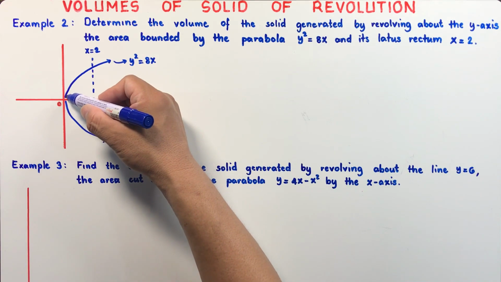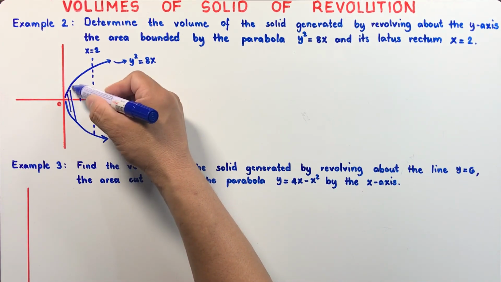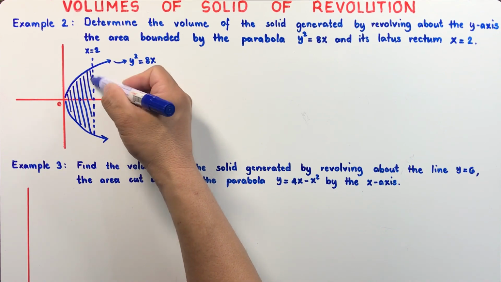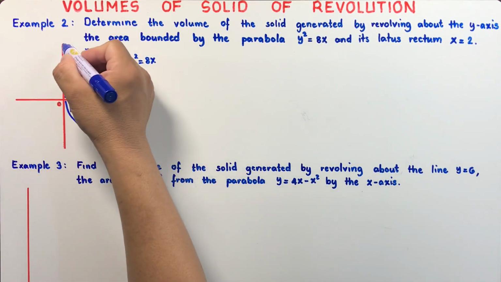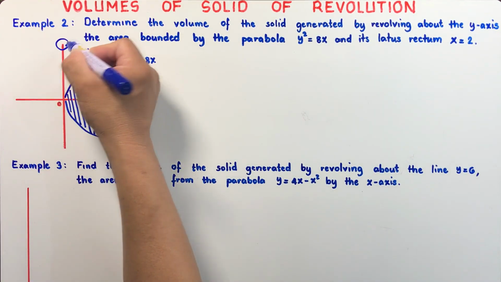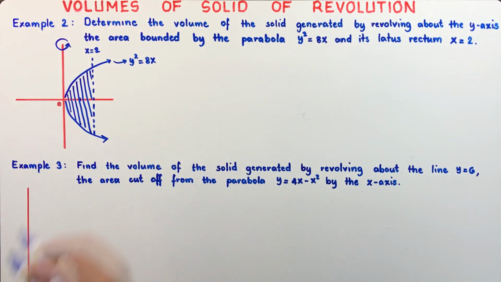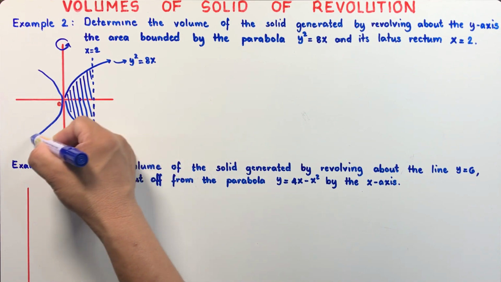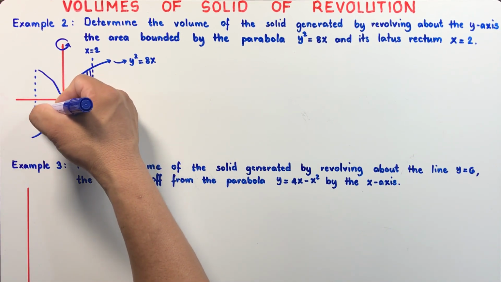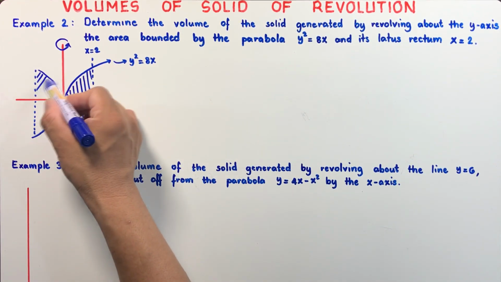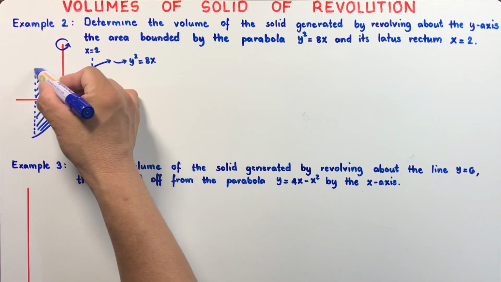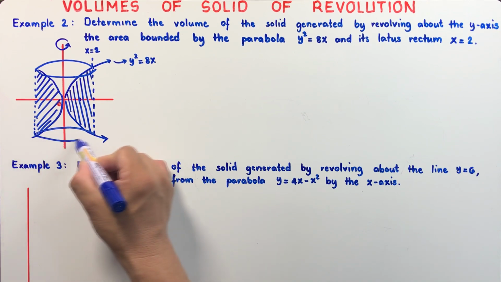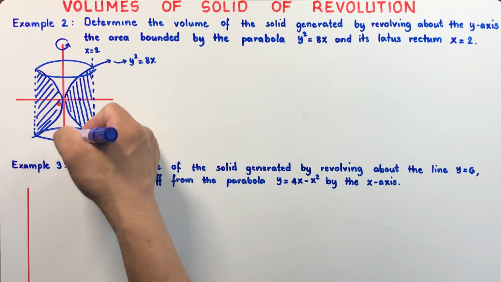The area that is being enclosed by this parabola and its latus rectum is this one here. And if you rotate this one about the y-axis, you will form a solid like this one here. So this is the solid figure that is generated when you revolve this area.